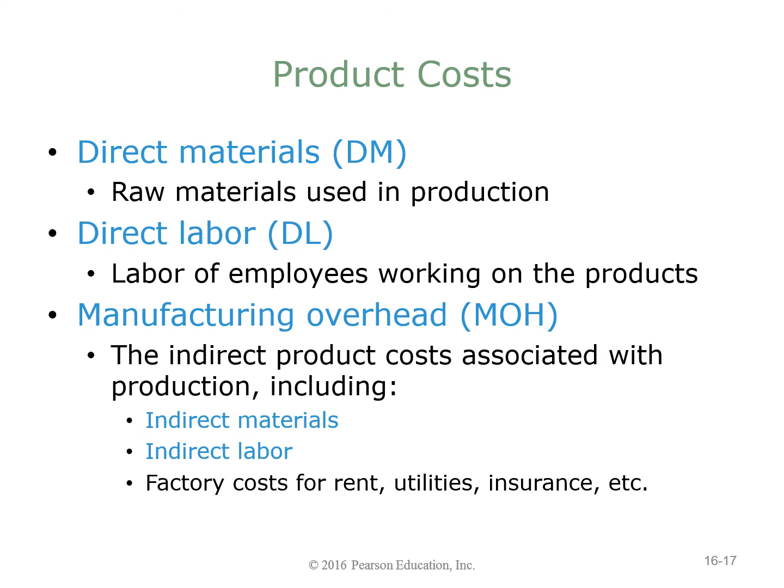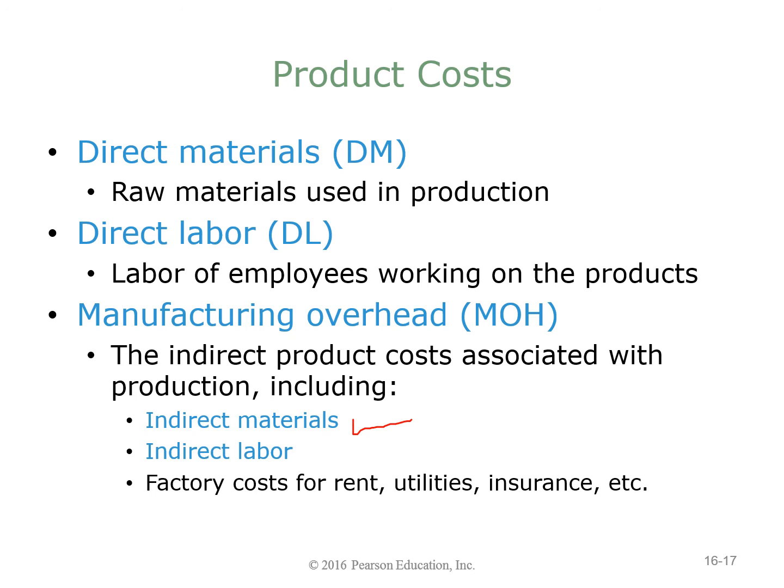What are the main items of the product cost? We have direct material, which is the raw material that's used in production. We have direct labor, which is labor of employees working on the product. Manufacturing overhead, the indirect product cost associated with the production, like indirect material, indirect labor, and factory overhead.